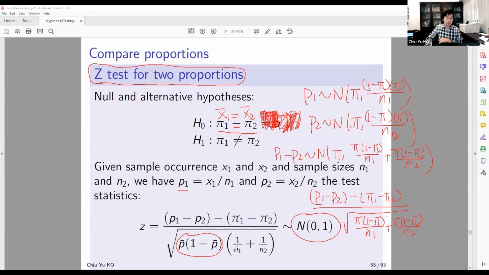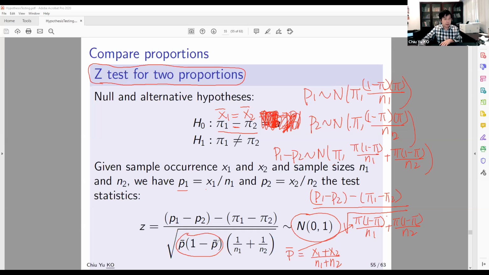You take this out, and pi is replaced by pi bar, the common sample proportion, which estimates pi. What is it? It's x1 plus x2 over n1 plus n2. It looks a little bit tricky for the variance of the sample proportion.